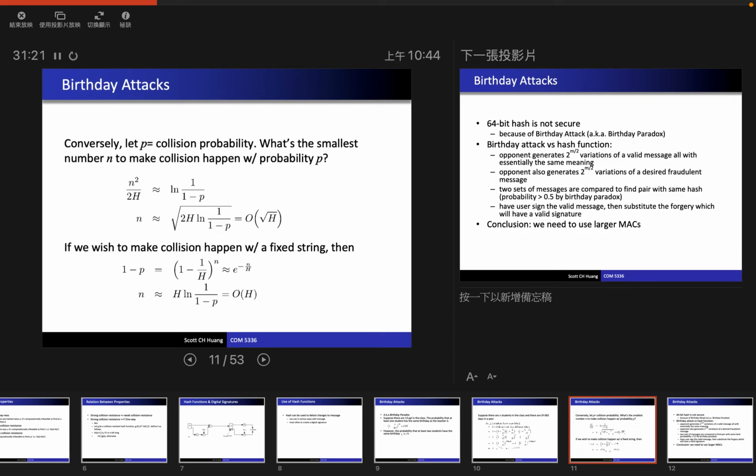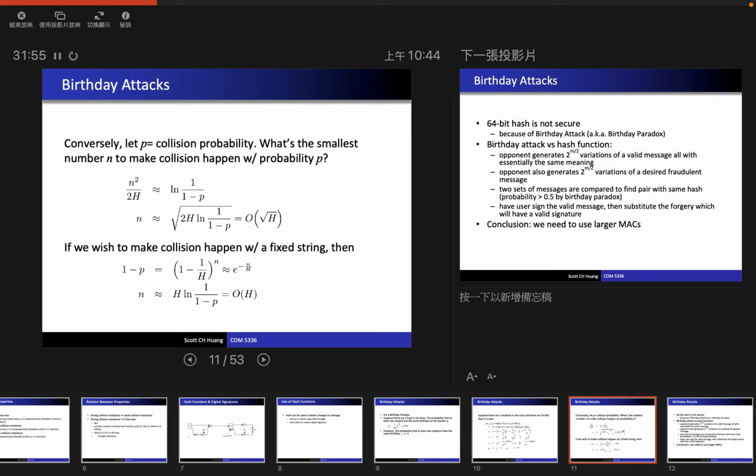Using the same manipulation, this is roughly exponential from this exponent, roughly this number, big O of h. So there's a difference. In the weak collision resistant case, the order is linear in h. In the other case, the order is the square root of h.